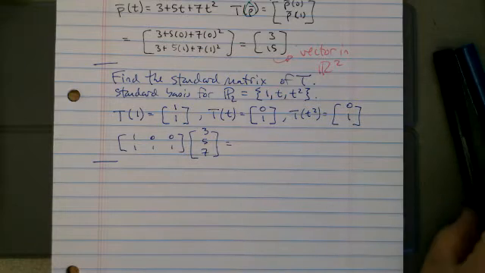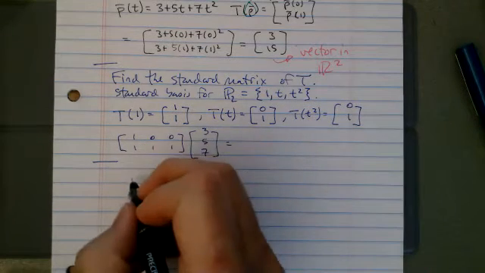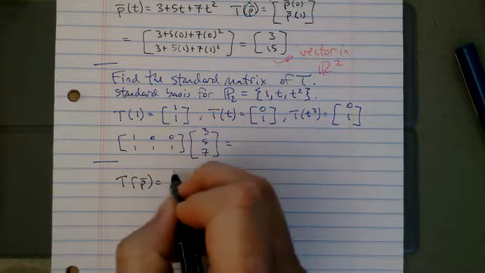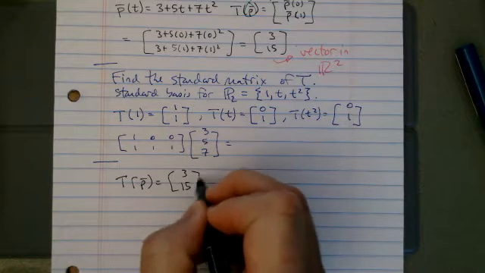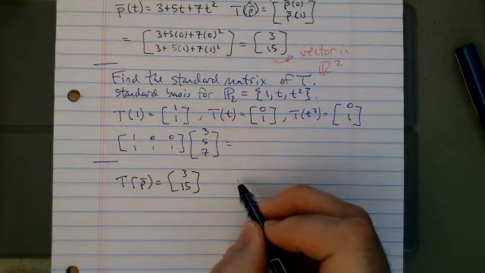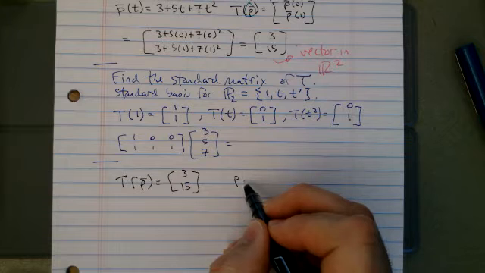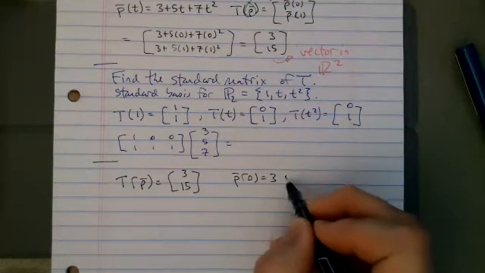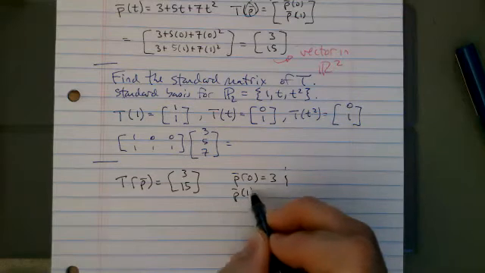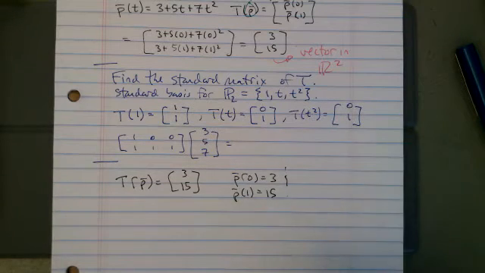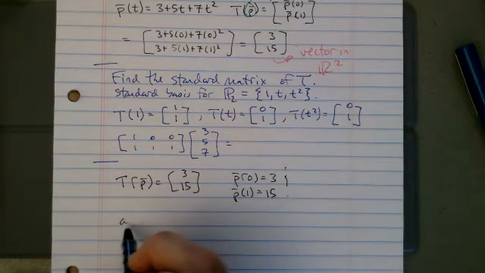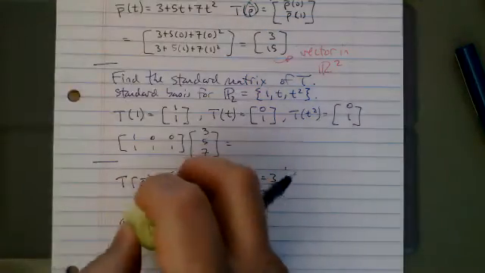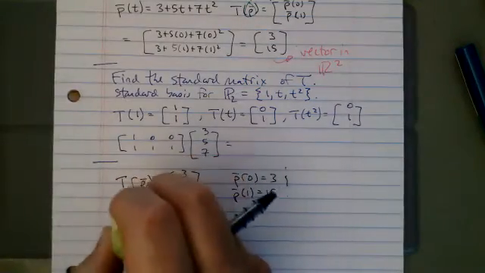So if you wanted to do this backwards, if you're given that T of P is equal to 3, 15, you're looking for a polynomial such that P of 0 is equal to 3 and P of 1 is equal to 15.